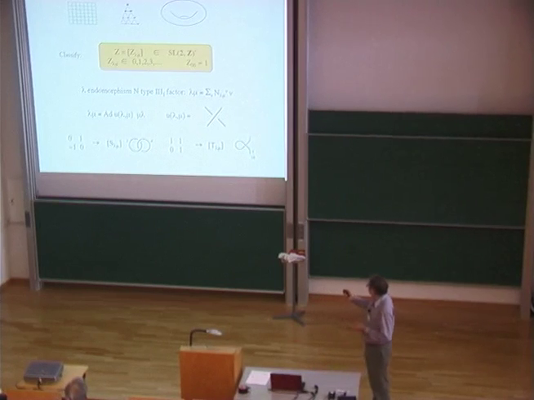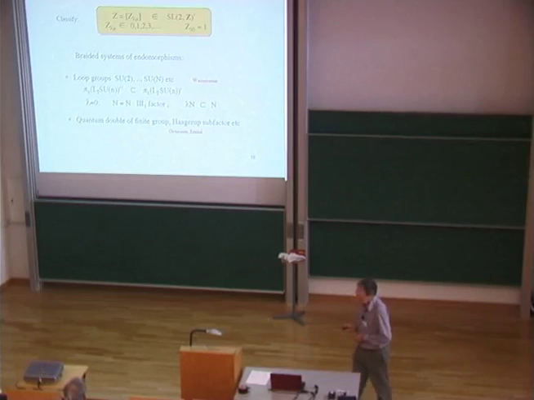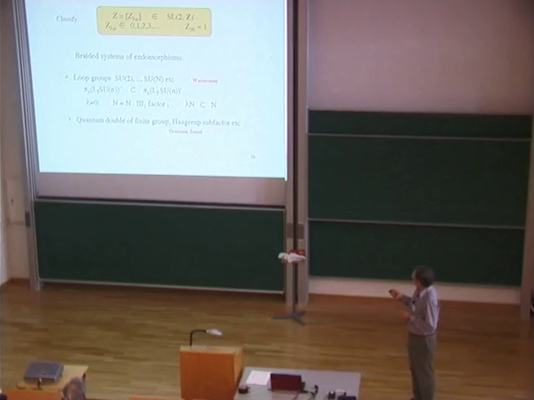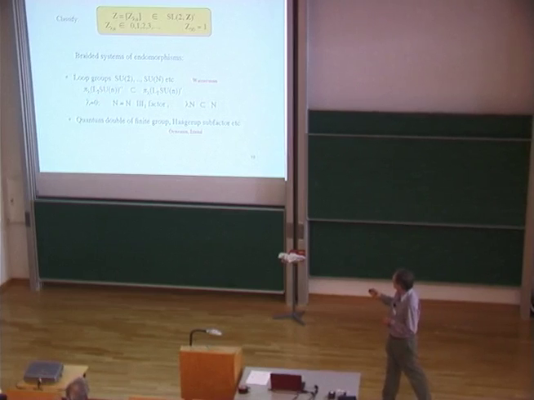Okay, so that's the framework, and then you need examples, and that all comes from AQFT. Right, so here these lambdas, the pi sub lambda is a positive energy representation of some loop group. You restrict to some proper sub-interval I of the circle.